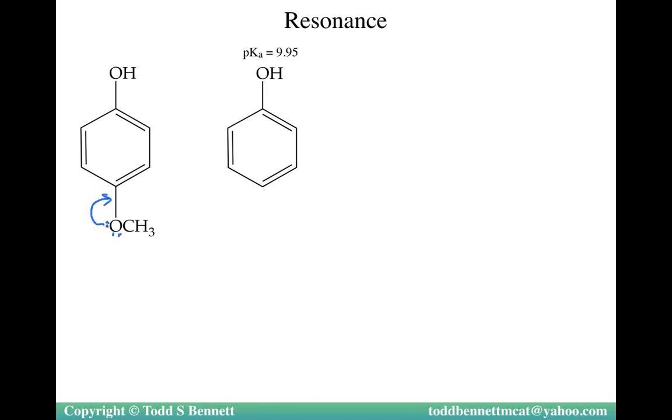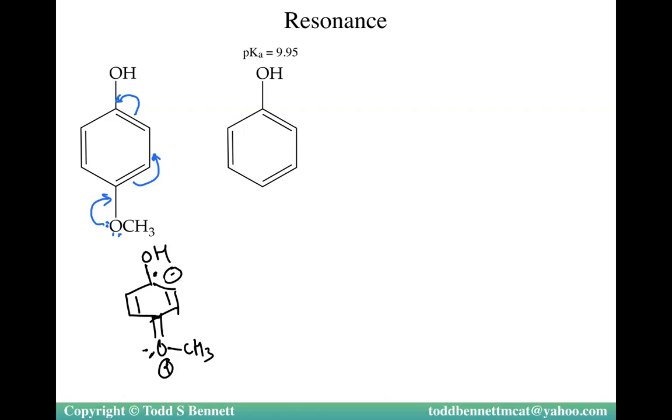So if something donates in by resonance, this cannot go all the way to the OH, but what it can do is give me a negative charge really close to the OH. A negative charge next to the OH is going to make the whole system a little less positive, and in doing so makes it a little less acidic at H.